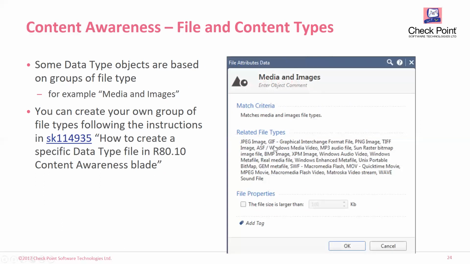So JPEGs, GIFs, all of these file types in here, MP3s, MPEGs, that all counts under media and images. So when you're going to utilize one of the pre-built file types and utilize the file attributes, and you're going to block on those, these are all of the files that will be blocked.